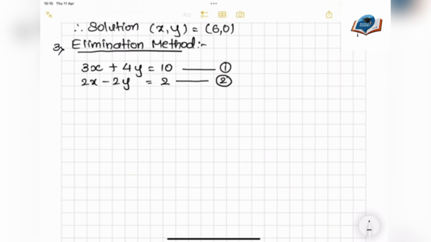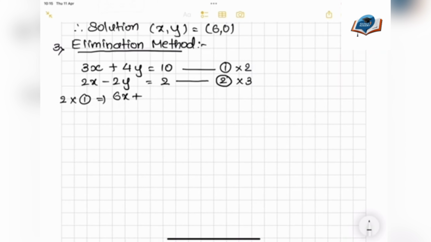Now here are also two methods. So let us discuss both the methods. In the first part I am making both the x equal. So to make x equal, I will multiply first equation with 2 and second equation with 3.